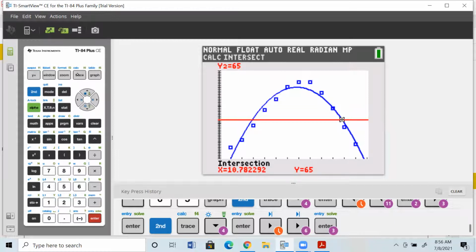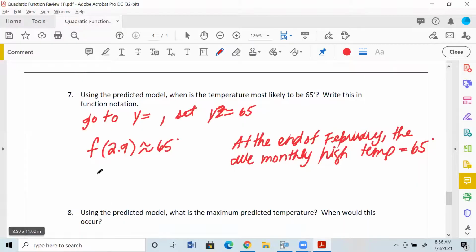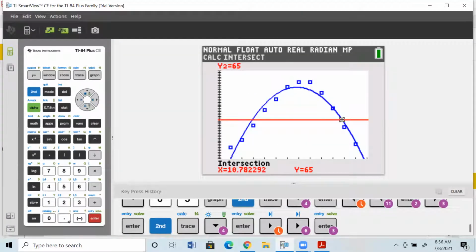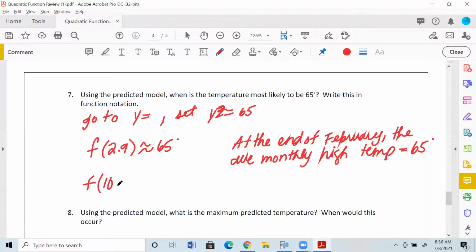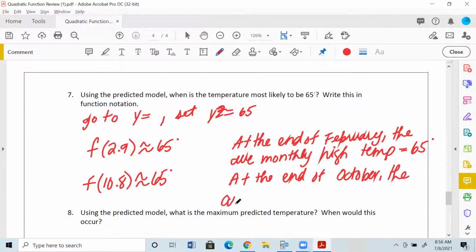And so here we have when x is equal to 10.78, y is equal to 65. So we could write in function notation, f of 10.8 is approximately equal to 65 as well. This means at the end of the 10th month, or at the end of October, the average monthly high temperature is also 65.